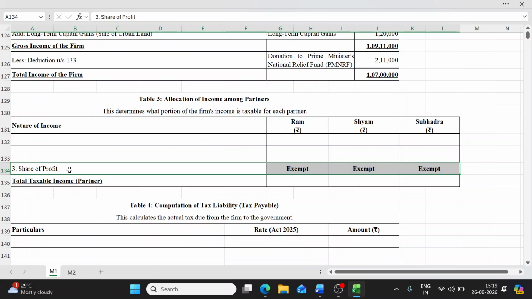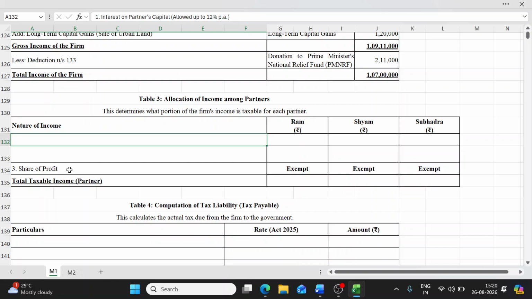Let's say the profit before tax is 1 crore, and after the payment of tax the remaining profit is 70 lakhs, and this 70 lakhs profit is distributed among the partners. Again, the partners need not pay tax, because the tax is already paid by the partnership firm, and after payment of tax, profit is distributed among the partners. So such a profit is exempt from tax in the hands of partners.